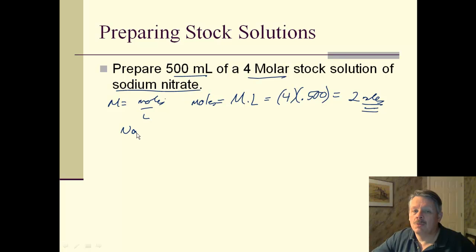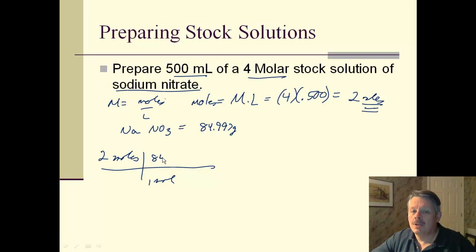So I need 2 moles of sodium nitrate to be able to make this happen. And sodium nitrate is NaNO3. Right? So I have to figure out how much it weighs. Well, 1 mole of sodium nitrate weighs 84.997 grams per mole. Well, I need 2 moles, and 1 mole weighs 84.997 grams.